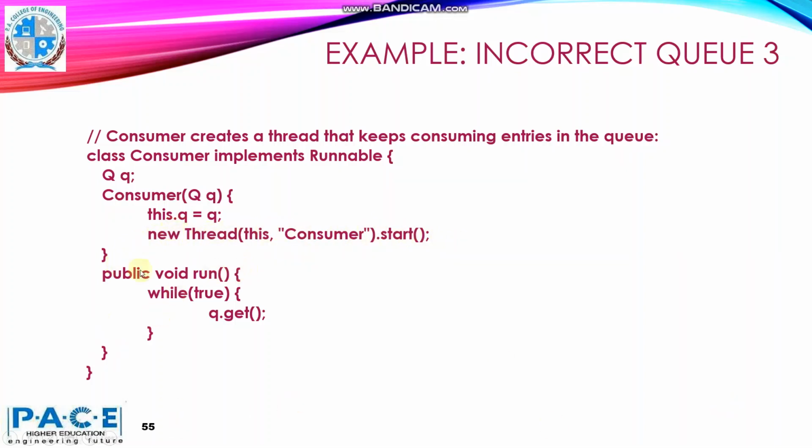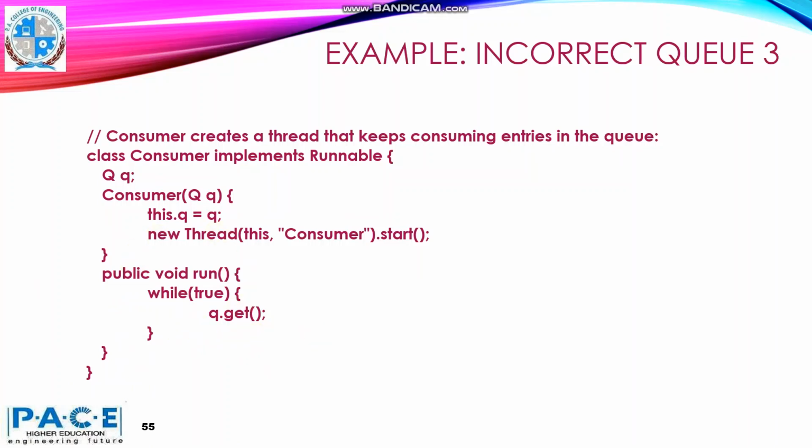In the run method, what the consumer thread is doing is continuously calling the get method of the queue. This way it will be accessing the value of n associated with the queue. So the consumer thread continuously calls queue.get.